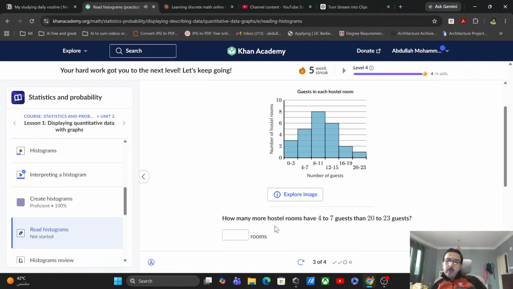Okay, how many more hostel rooms have 4 to 7 guests than 20 to 23 guests? So we have number of guests 20 and 23. We have it at 1, only 1 hostel room. Then 4 to 7 has got 5. So I got 5, 4.